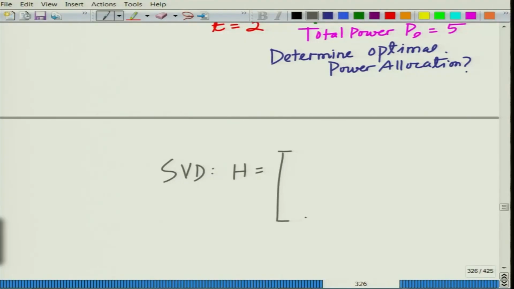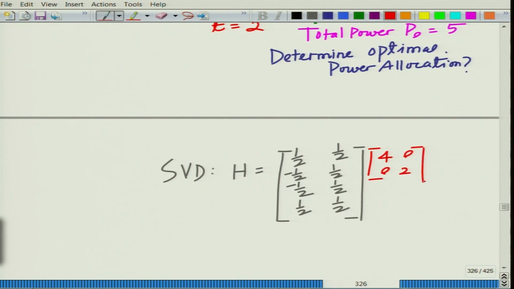The SVD of this is given as the matrix with entries half, minus half, minus half, half, and so on, times the matrix of singular values, 4 0 0 2, times 0 1 1 0, which is the matrix V Hermitian.